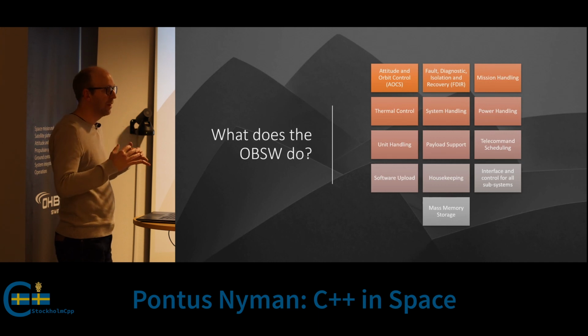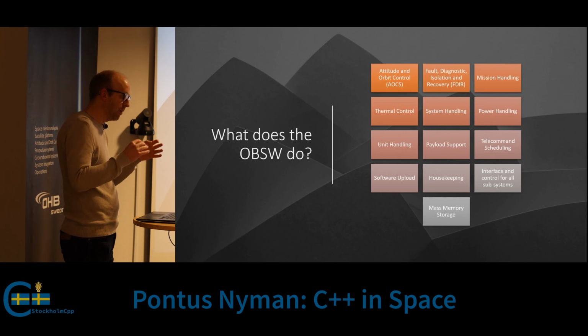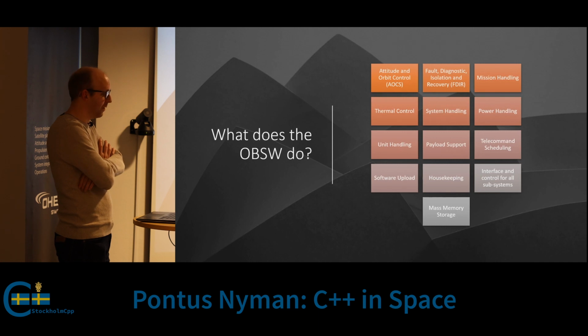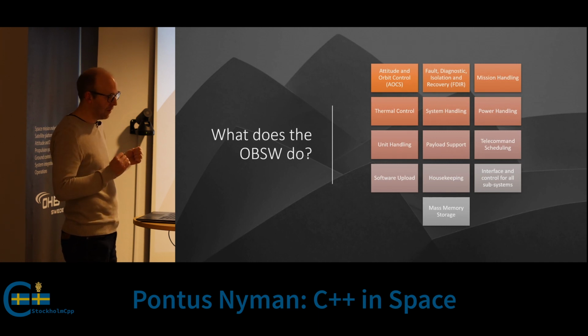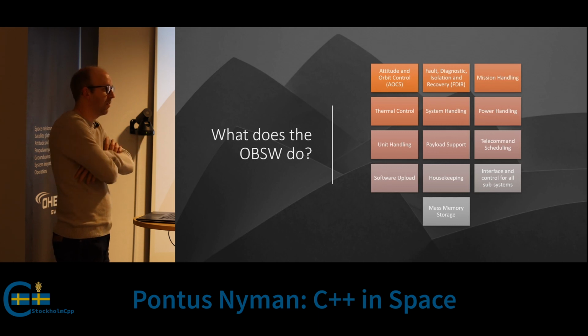So everything is turned off, and then they try to make it a bit stable, and then you go to safe mode. Still, much of the devices are turned off. What you try to do in safe mode is basically just turn the solar arrays against the sun and keep the battery loaded.